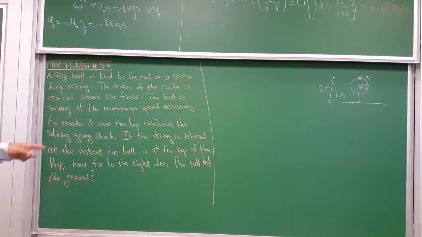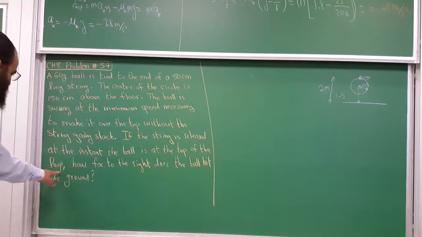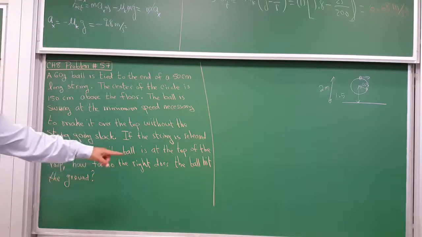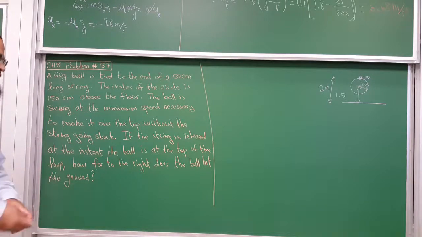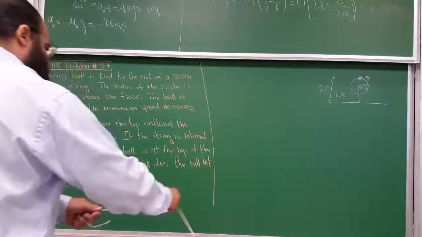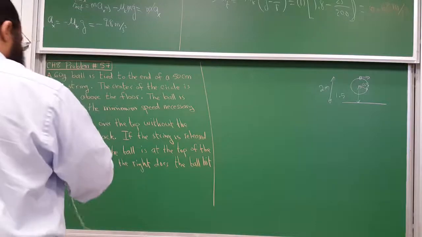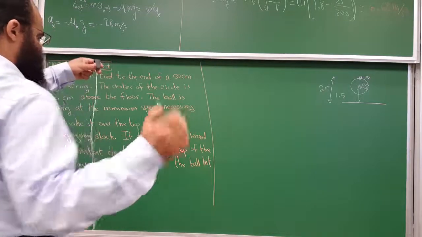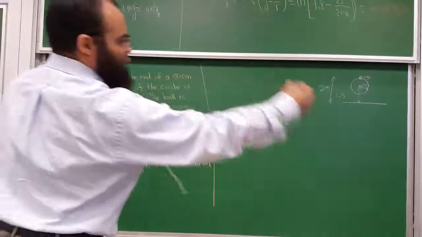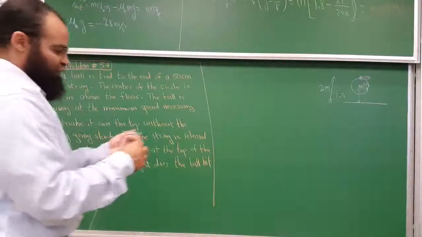All right, and then it says, if the string is released at the instant the ball is at the top of the loop, how far to the right does the ball hit the ground? So when the ball is here, you let go of the string. The ball will continue and go like that and then fall to the ground.